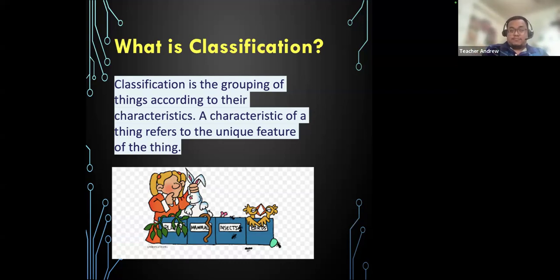For birds, scientists will group all living things that have a beak and wings in this group called birds, and so on and so forth. So classification is the most important for this topic on living things and non-living things. It allows you to understand how they live, how they work, how they interact.